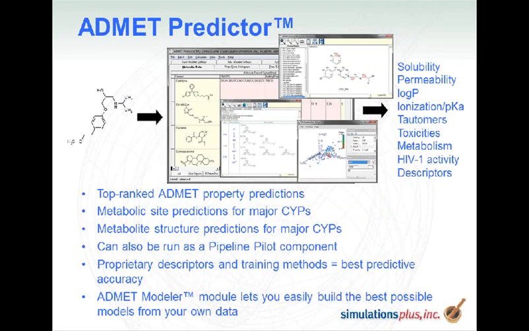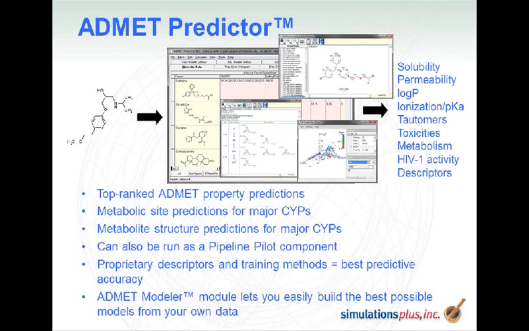ADMET Predictor, as the name suggests, stands for the acronym absorption, distribution, metabolism, elimination, and toxicity. ADMET Predictor allows you to estimate a number of vital ADMET properties from molecular structures. It allows for building predictive models of new properties from users' data.